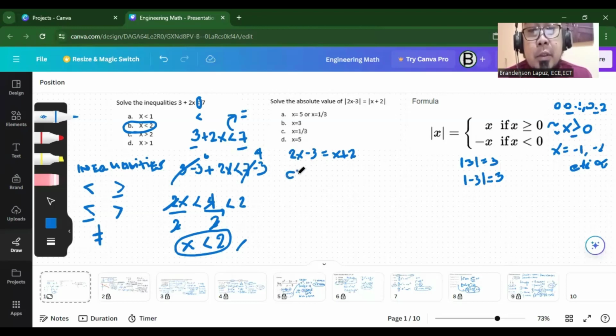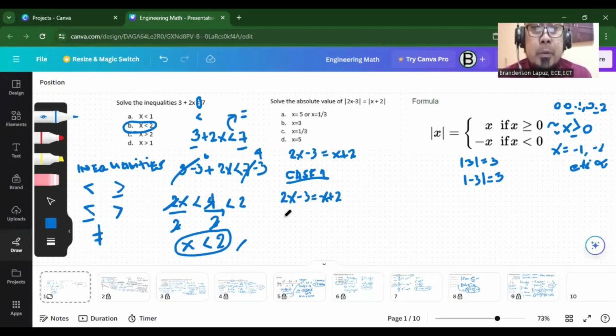So case 1: 2x minus 3 is equal to x plus 2.